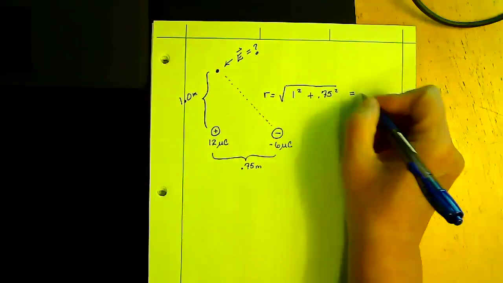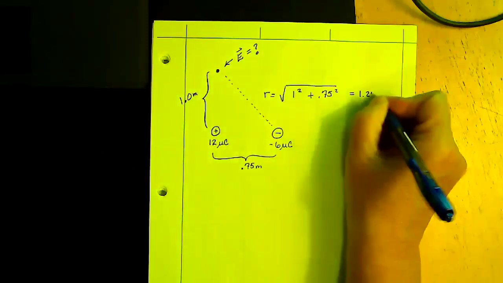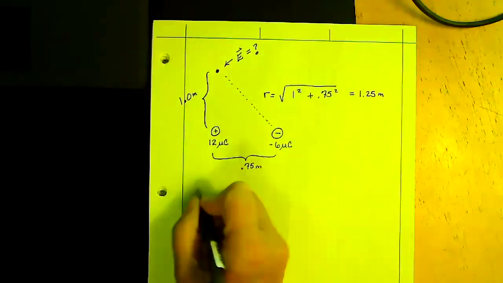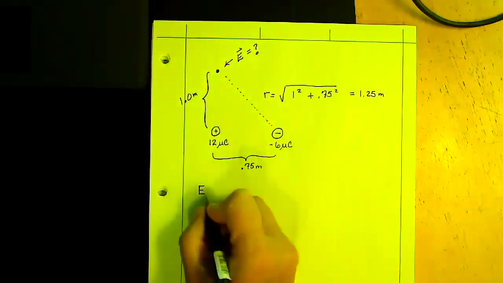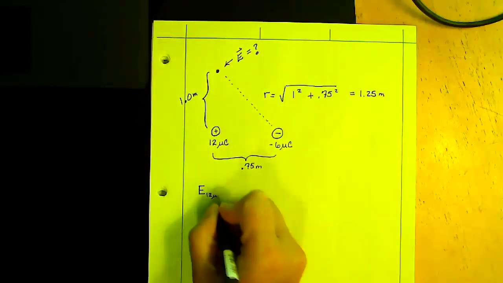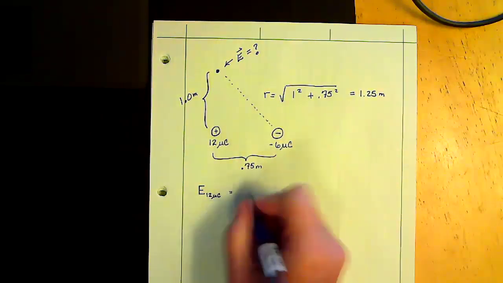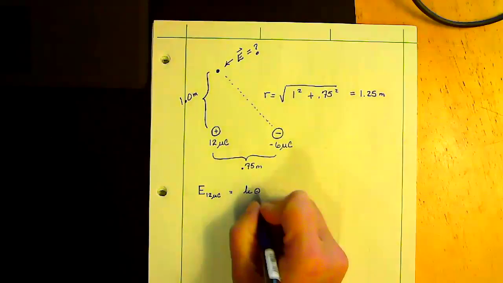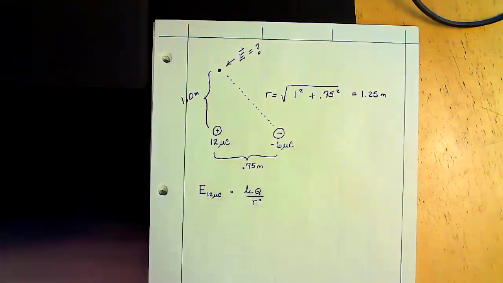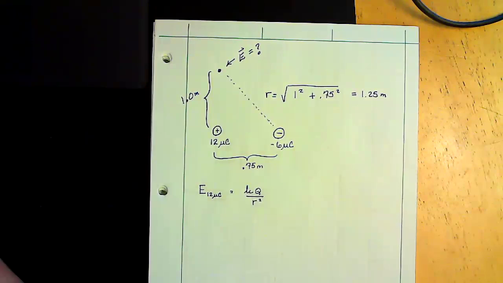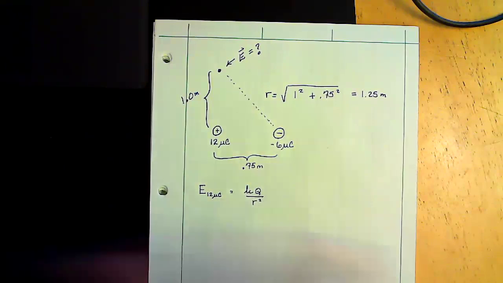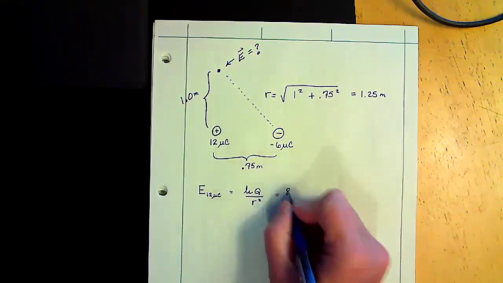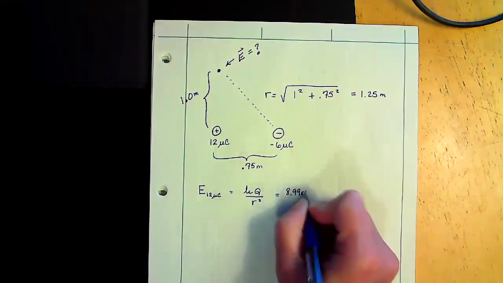And this gives us 1.25 meters. So the magnitude of my electric field due to my 12 microcoulomb charge is going to be KQ over R squared. So that's my 8.99 times 10 to the 9th.